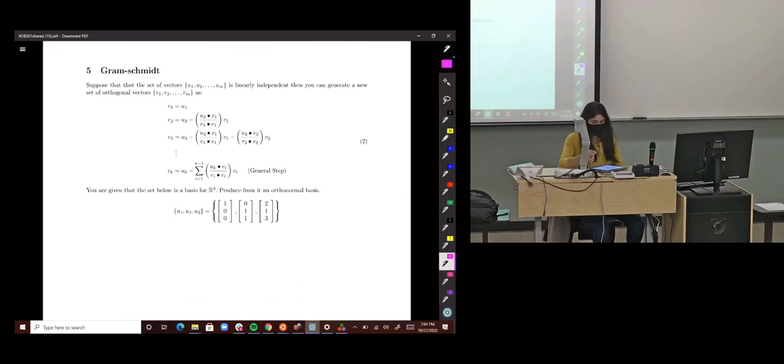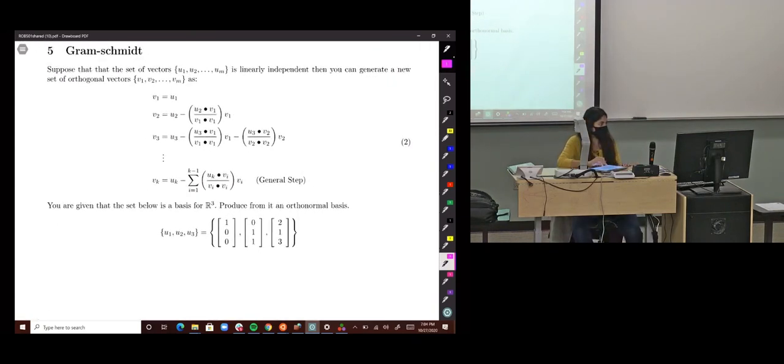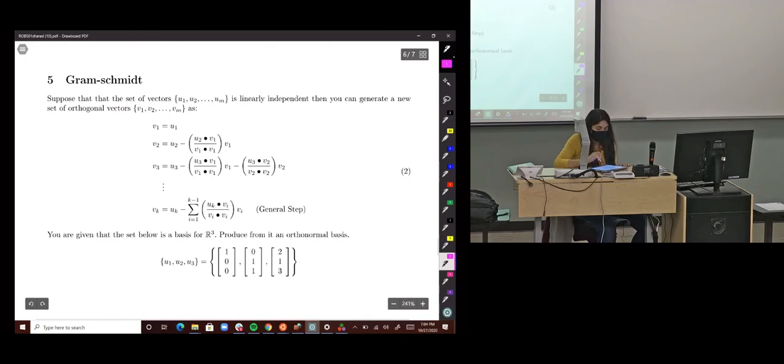So now that we understand how to find a set of basis vectors, we have another process called Gram-Schmidt. What we basically want out of Gram-Schmidt is a set of orthogonal basis vectors, and orthogonal basically means that the dot product is zero.